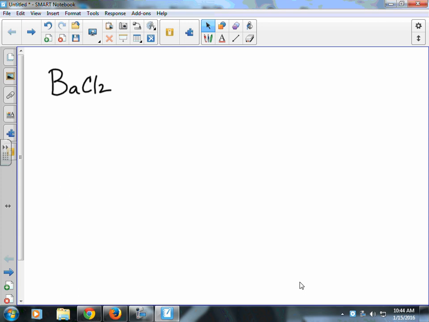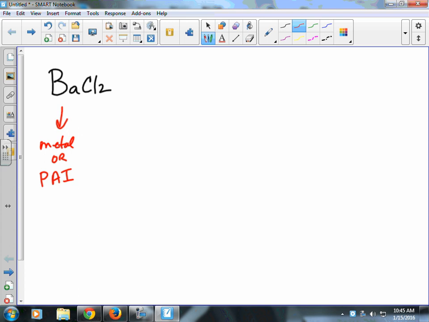We got a chemical formula. Okay, first of all, this is ionic, and I know it's ionic because if it's ionic, that is the cation, the positive, and it will be either a metal or a polyatomic ion. And we'll go over polyatomic ions as we get to it. Polyatomic ions are listed on table 1, page 226.